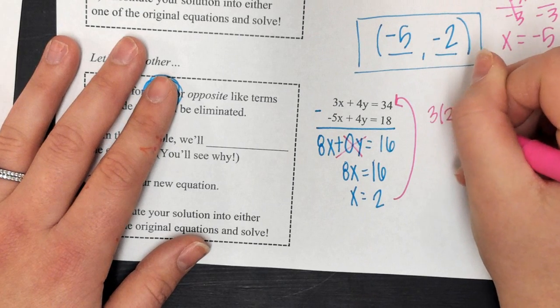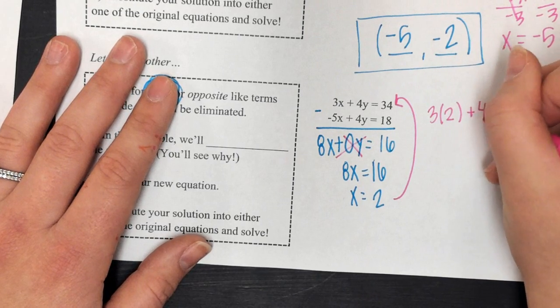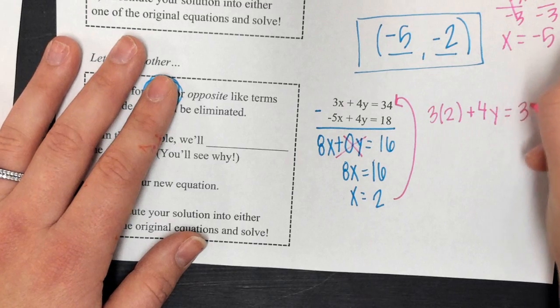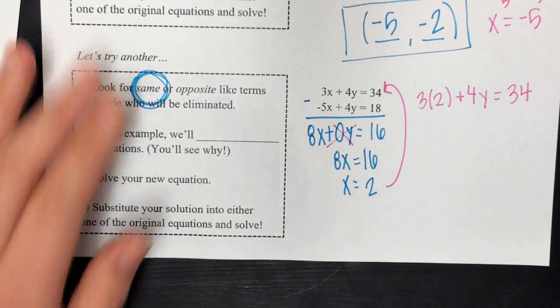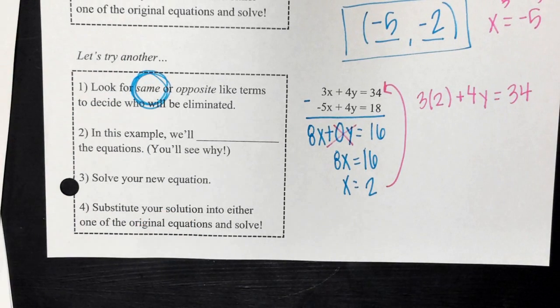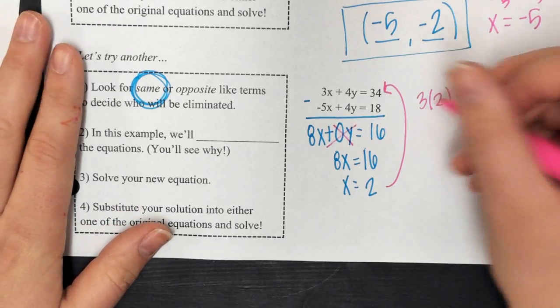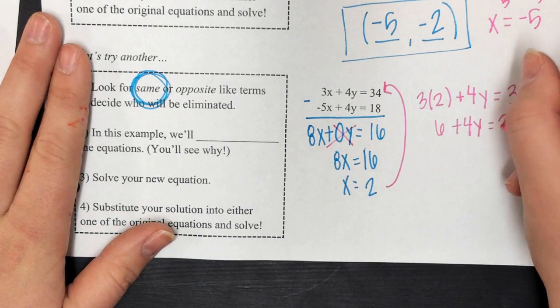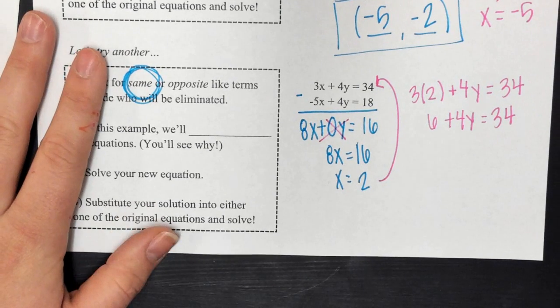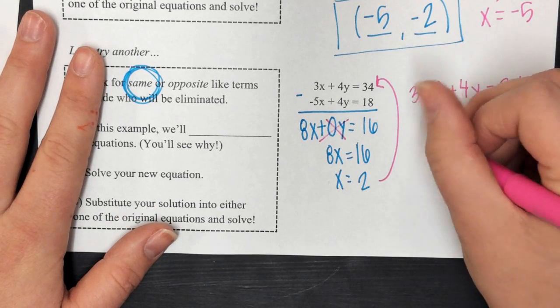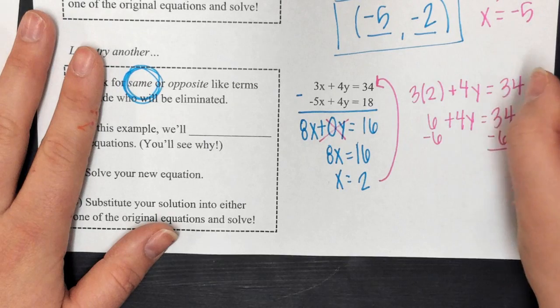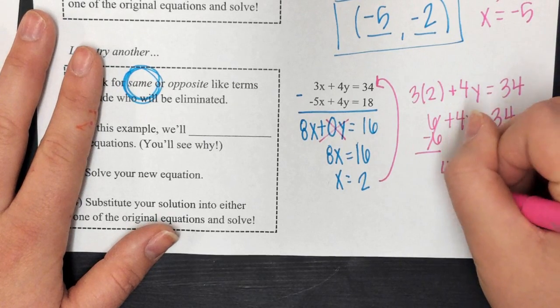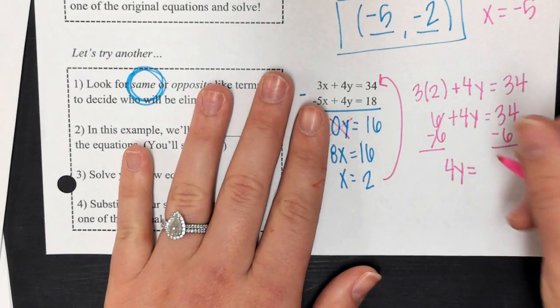3 times x plus 4y equals 34. 3 times 2 is 6 plus 4y equals 34. What do I do next? Subtract 6 on both sides. So 4y is equal to 28.